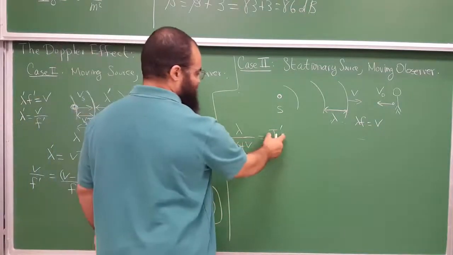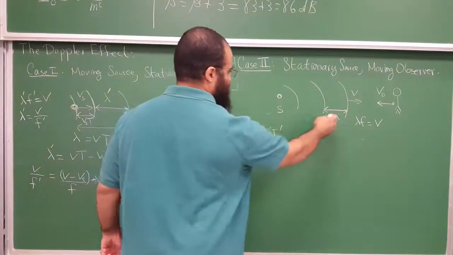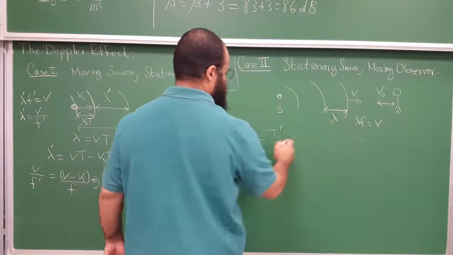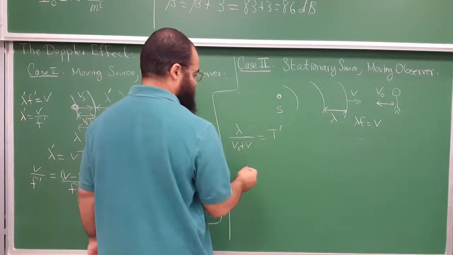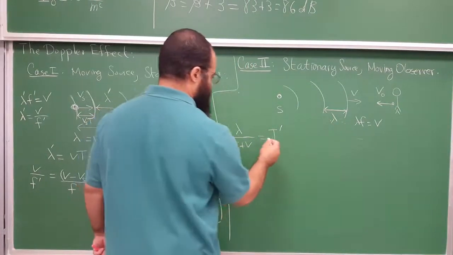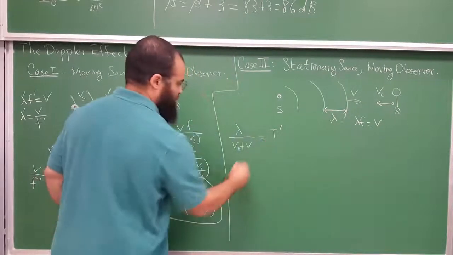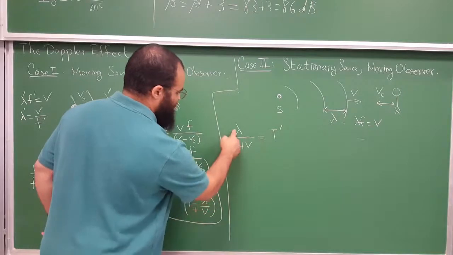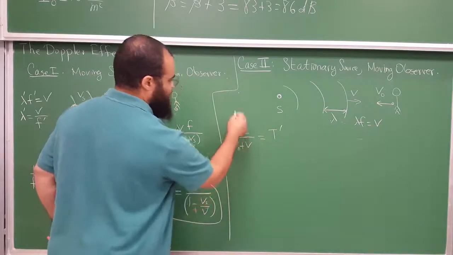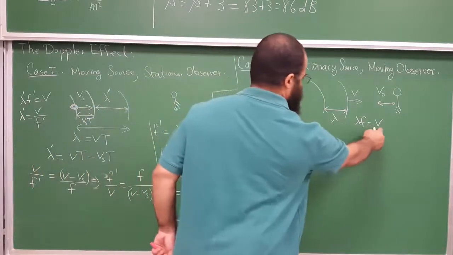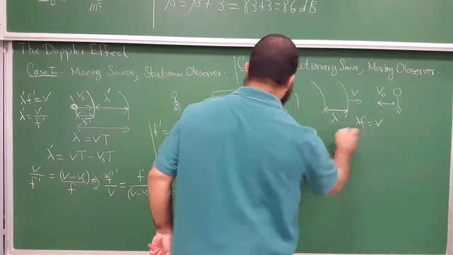So that's the period, meaning the time it takes to observe one peak and then the next. And the period is 1 over the frequency, 1 over f prime. So let's rewrite this. Lambda f is v, therefore lambda is v over f.